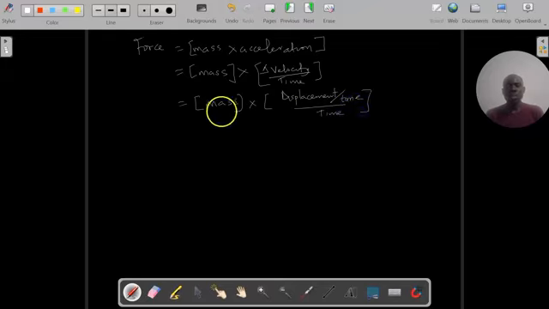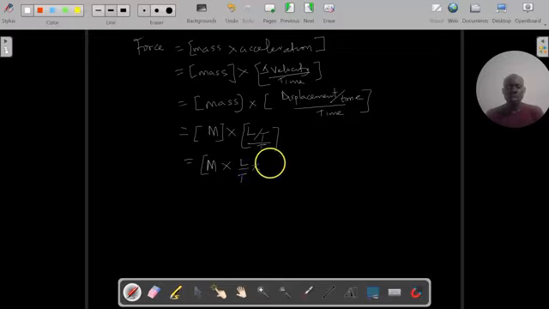We can now represent them with their first letters in capital: M multiplied by L over T, multiplied by 1 over T.